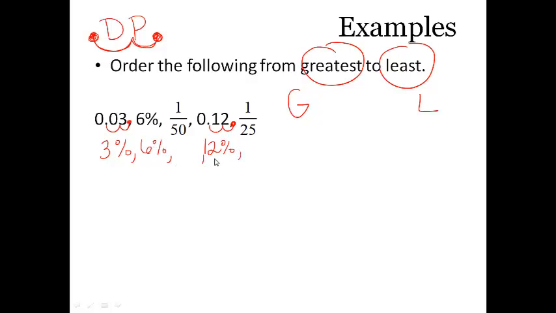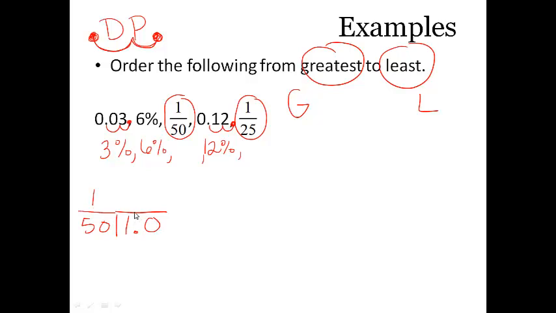Well, now we got to figure out 1/50th as a percent and 1/25th as a percent. In case you forgot, in order to change a fraction to a percent, we have to go from a fraction to a decimal and then to a percent. So to change from a fraction to a decimal, remember a fraction is just a division problem. But my top dog goes in the house.